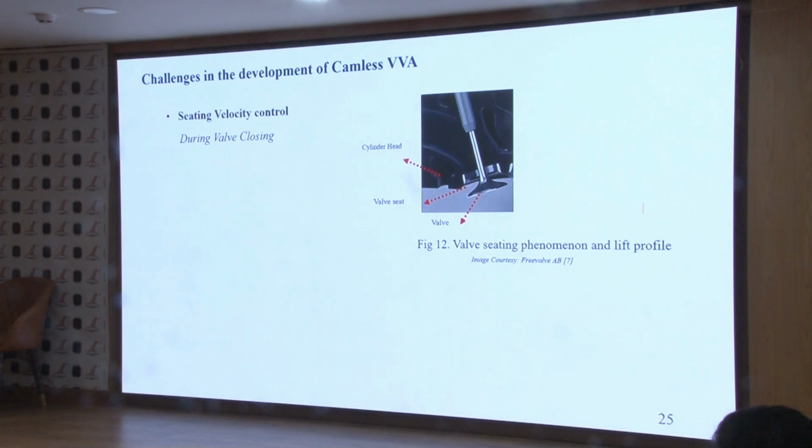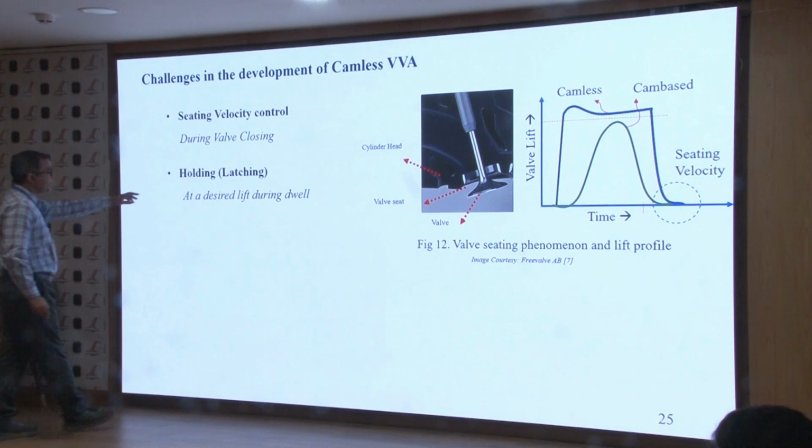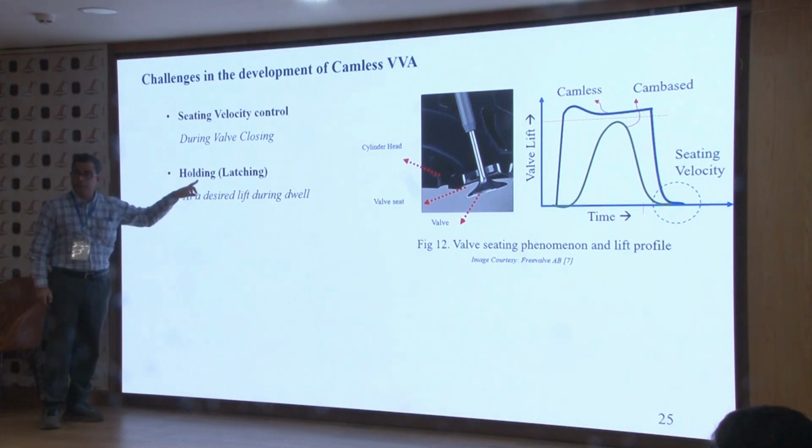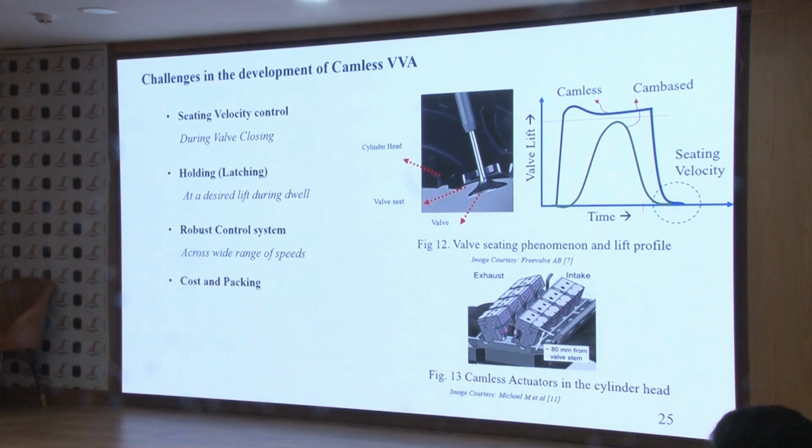Obviously, this technology has a lot of problems and challenges. One is the seating velocity, which we have already discussed. In part lift, one challenge is holding the lift accurately in stable conditions. Then there are robustness, cost and packaging.